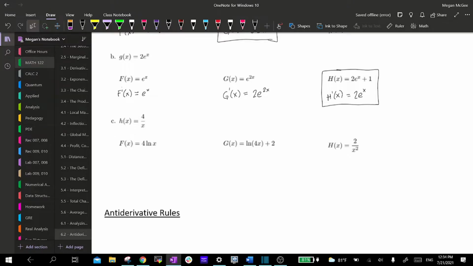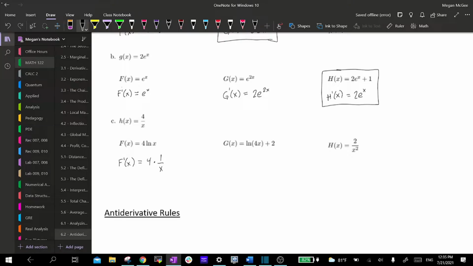Okay, so let's go ahead and take some more derivatives and see which one is going to line up. Okay, so f prime of x, here we have the function is 4 times the natural log of x. We know that constants can come in and out of derivatives, so we have 4 times the derivative of the natural log of x, and we know the derivative of the natural log is 1 over x.